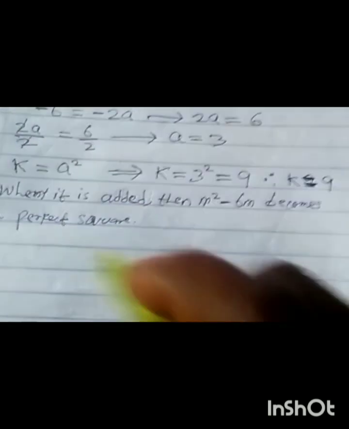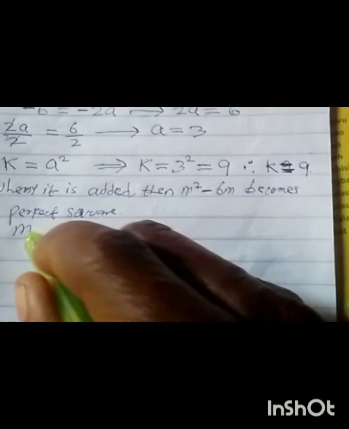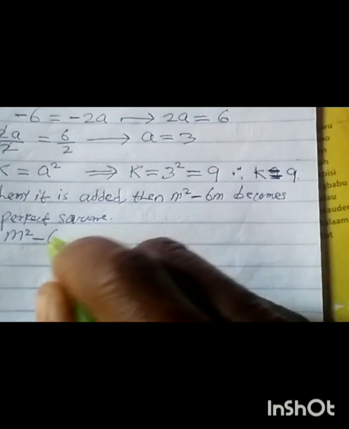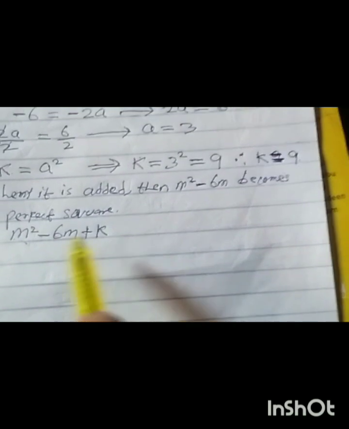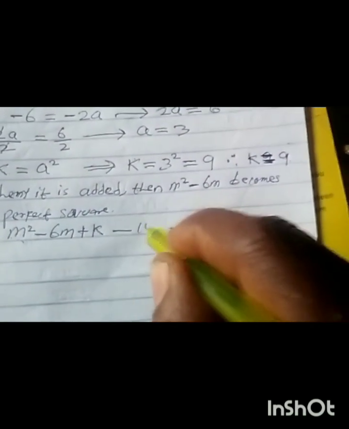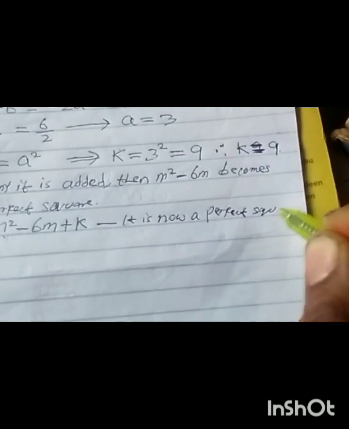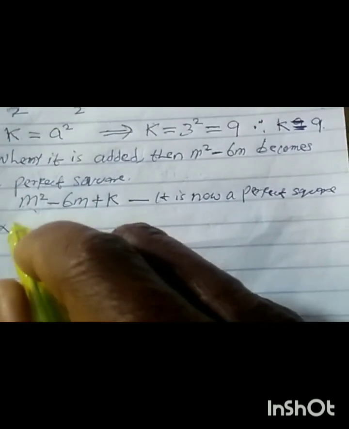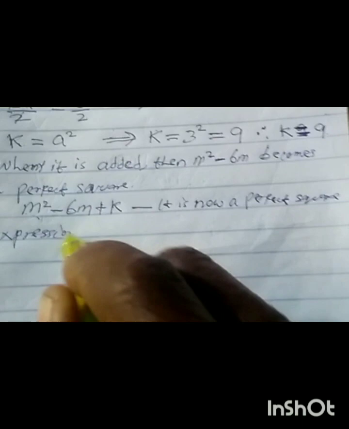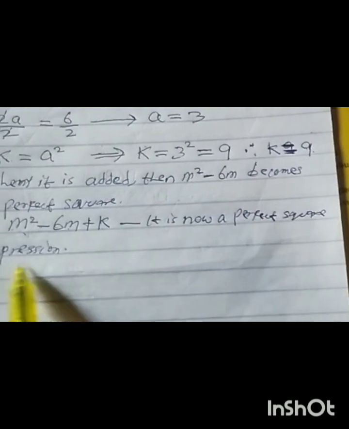What I'm trying to say here is, this is the m squared minus 6m, so I'm going to add the k to it now. So m squared minus 6m plus k is now a perfect square expression.